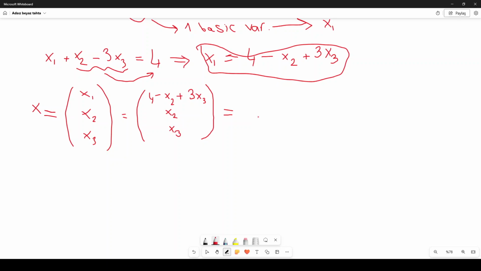And if I want to express this as an algebraic sum, what I need to do is just decompose this, right?